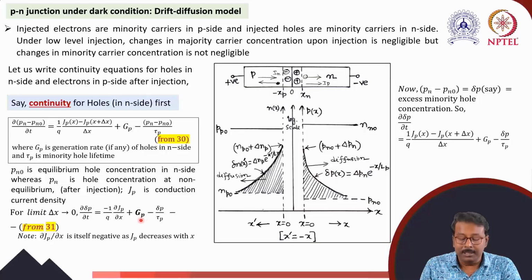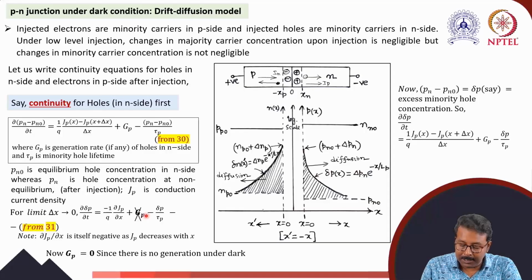Now, as we mentioned, in the dark condition Gp is 0. So let us put this as 0, and the equation will be modified. At the same time, at steady state, the rate of change with time del delta p by del t will be 0.